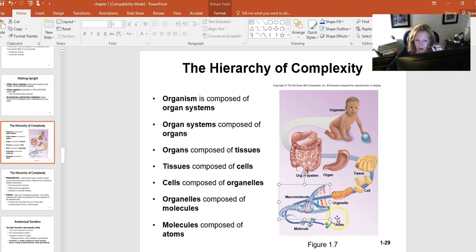But how those elements are playing with each other and working together to form these macromolecules that are forming these organelles inside of our cells, carrying out very specific functions, is priceless.